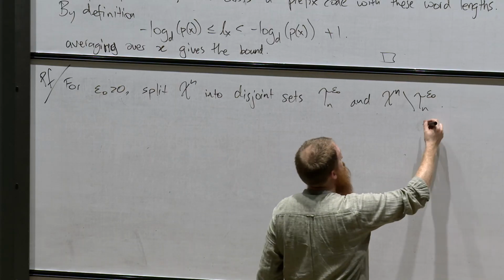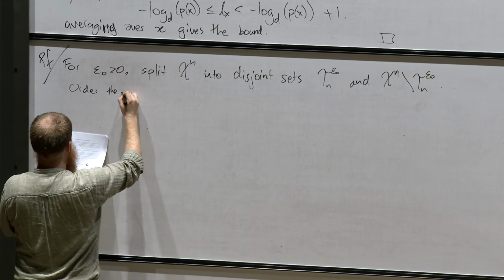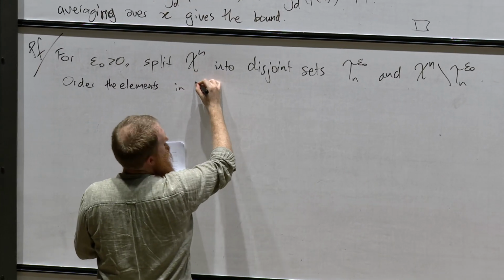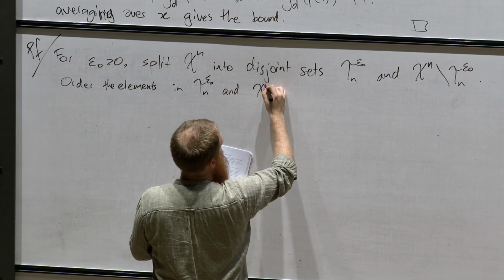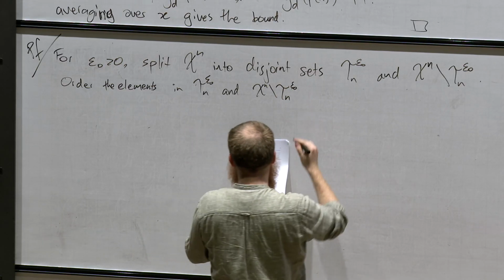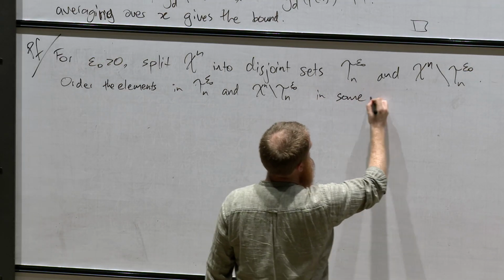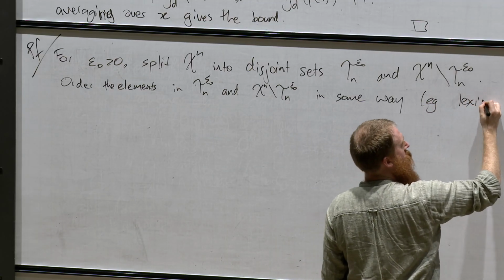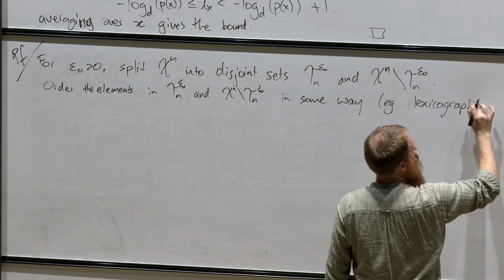Order the elements in T epsilon naught n and X^n minus T epsilon naught n in some way, e.g. lexicographic order.